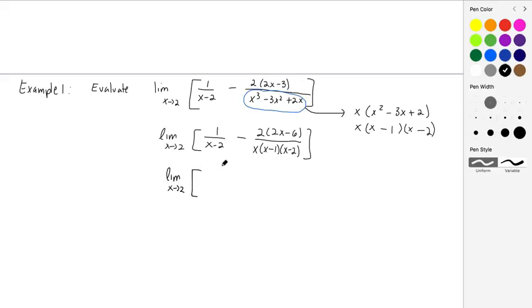We're going to multiply the top and the bottom by x minus 1. And we have the x minus 2 that was originally there. And this one, since now we have an equivalent denominator, we're not going to do anything to.